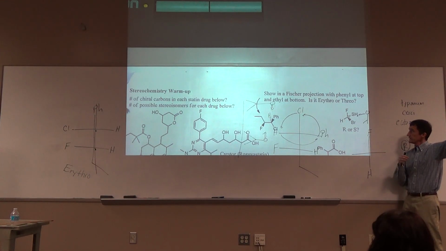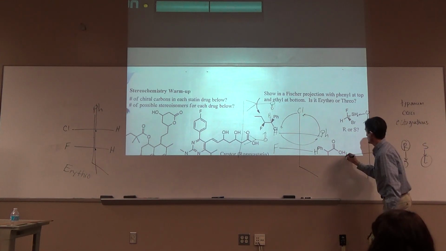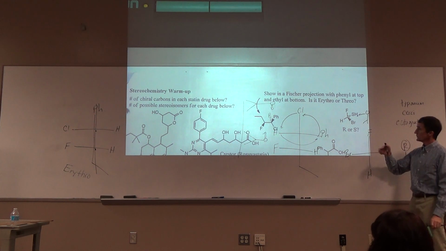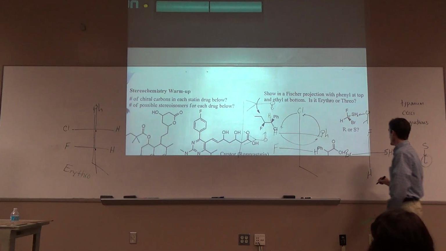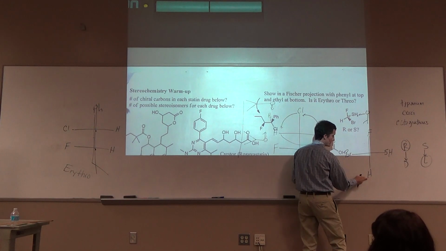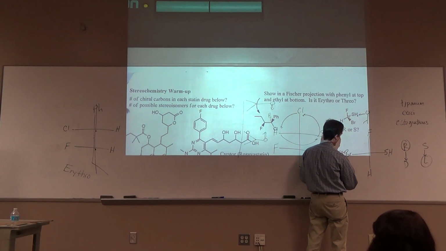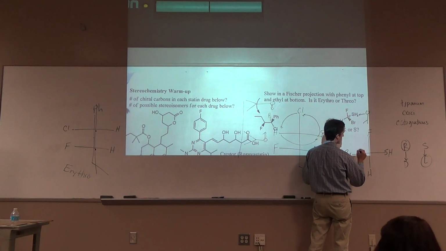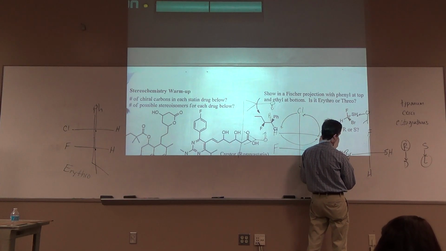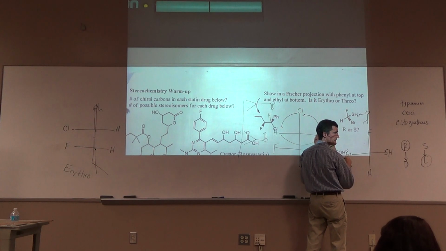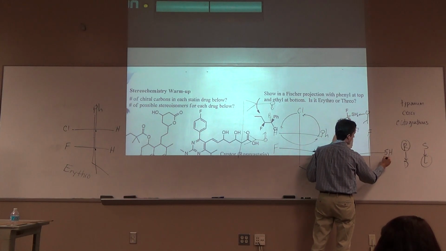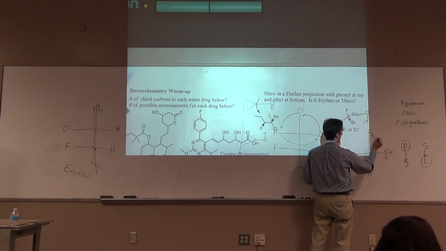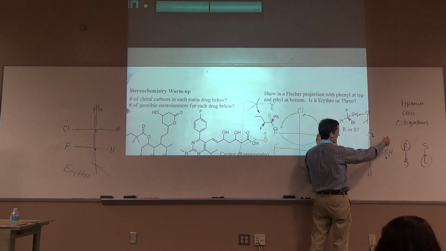What's on my left? Bromine. And that's what's on the right going behind the wall. H. Now this is easier because now we know what this H is doing. Priorities would be bromine. What's next? S or no? S, F. Counterclockwise.